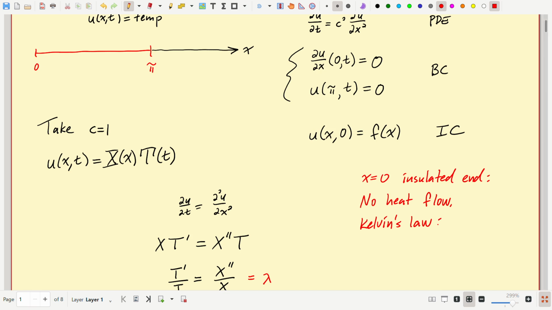So Kelvin's law: rate of heat flow in calories per second or minute is equal to minus a constant times the temperature gradient. And the temperature gradient is the derivative of the temperature in the space variable.